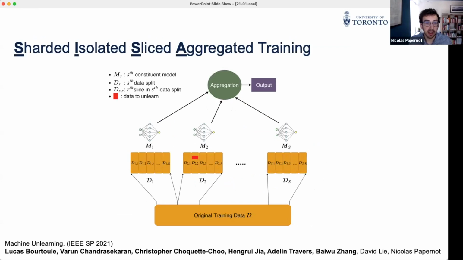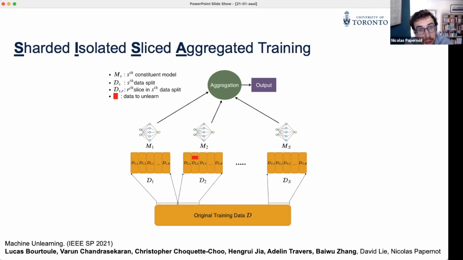And so to obtain this, we've proposed an approach that is going to appear at the Oakland conference later this year, which is called SISA. It basically improves on the naive strategy of retraining the model from scratch in two ways. The first way is that we shard the data.